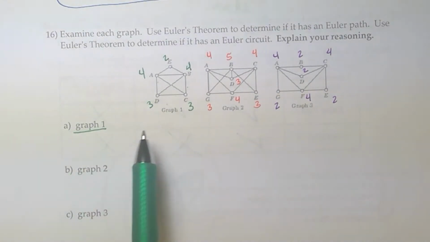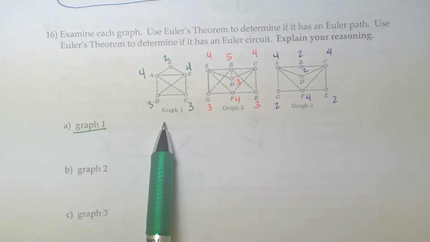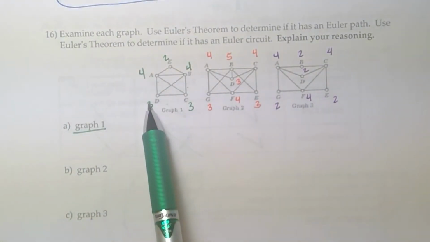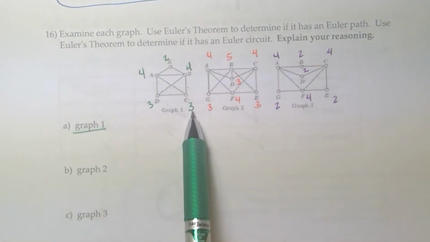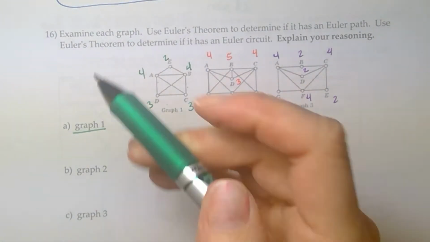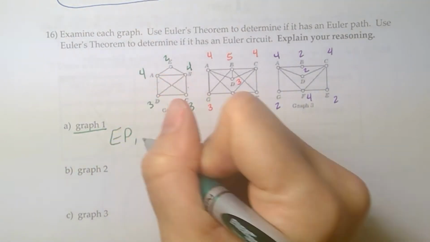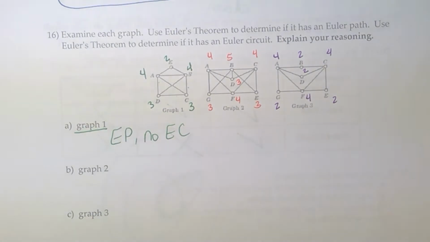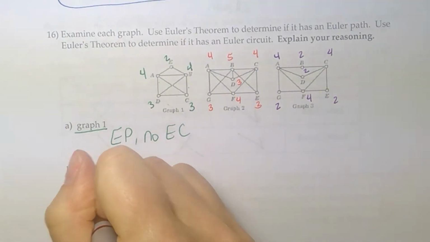So we're looking just at graph 1. What do we have? Well, we have 5 vertices total. Exactly 2 of them are odd. According to our Euler's theorem, if I have exactly 2 odd vertices, I have at least 1 Euler path, but no Euler circuit. Okay, let's look at graph 2.